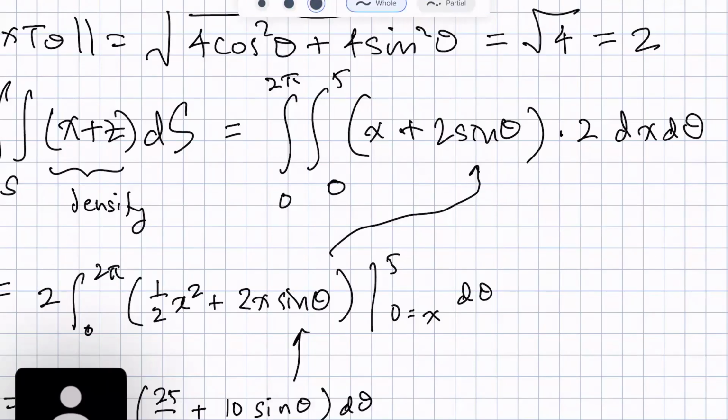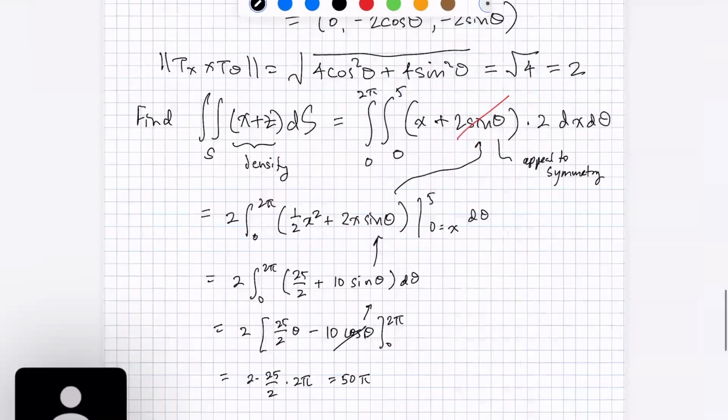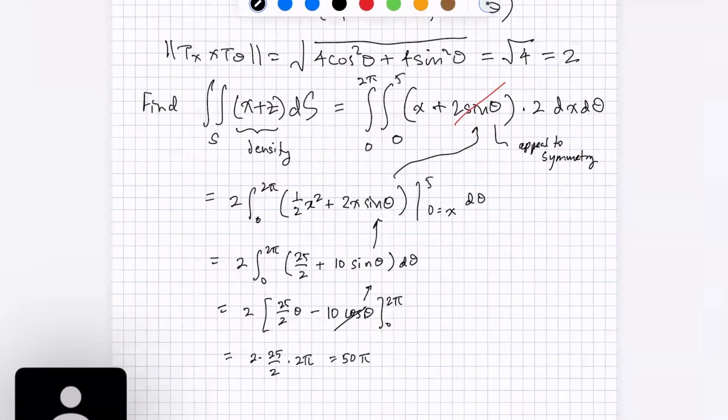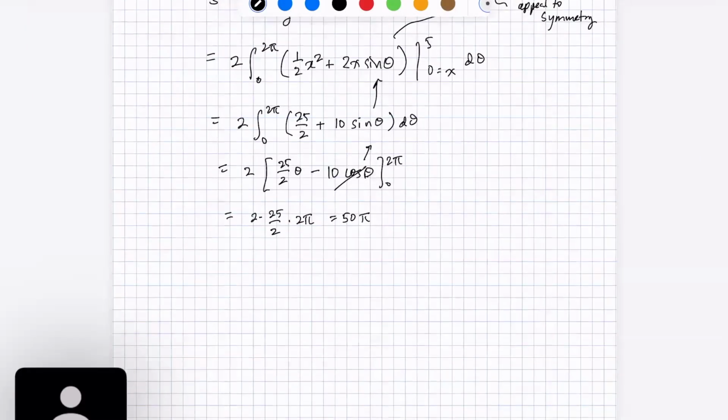So if you use that idea, you could have gotten rid of this in the first place. You can appeal to symmetry to cross that out. That gives you a lot of extra time. If you're pressed on an exam, you can make your integration a lot cleaner by removing bits that you know are not going to contribute anything.